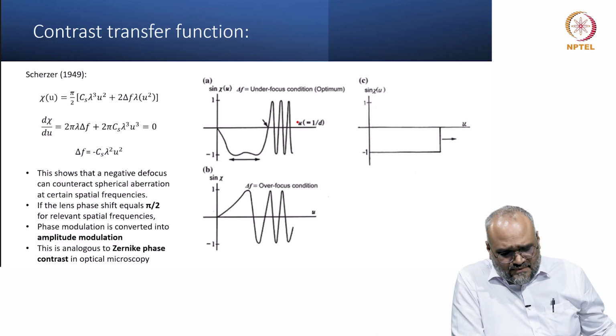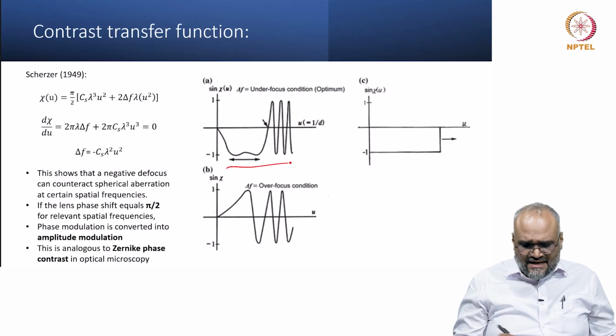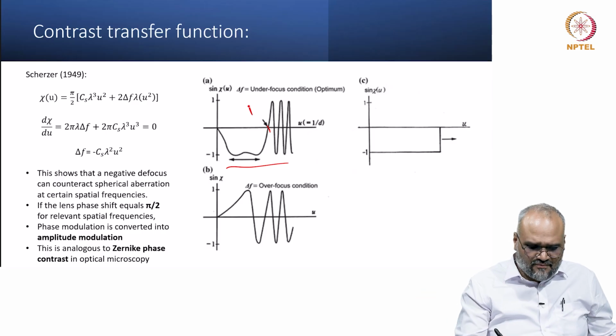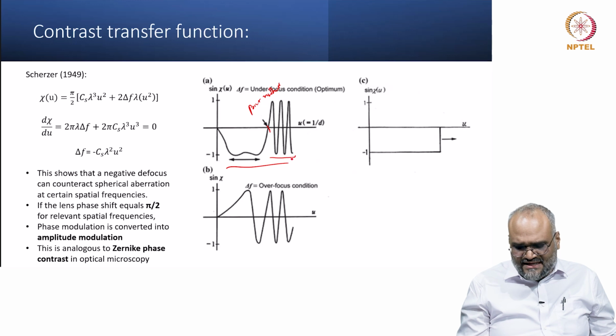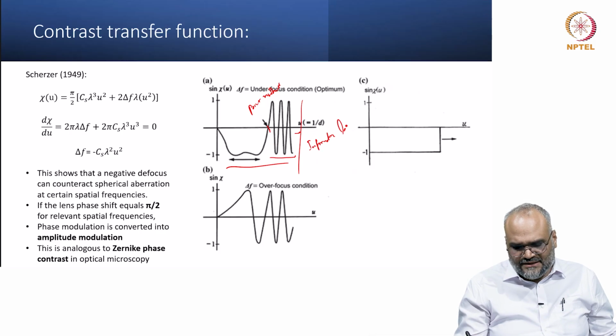The sinusoidal part of the contrast transfer function of the lens appears like this, and this point of intersection is what is called your point resolution. As you go farther away, these frequencies get damped, and the end of where these frequencies are completely damped is called the information limit.